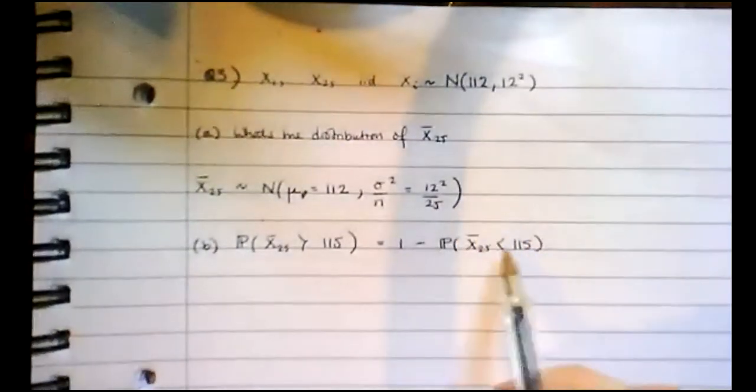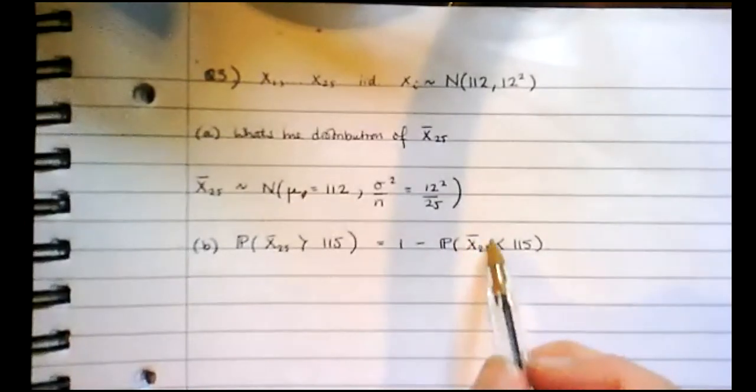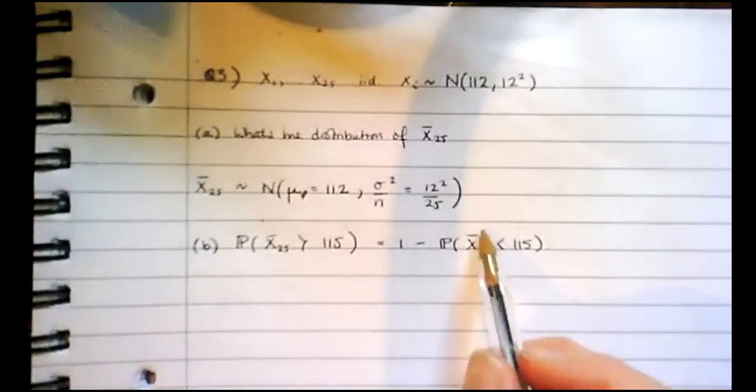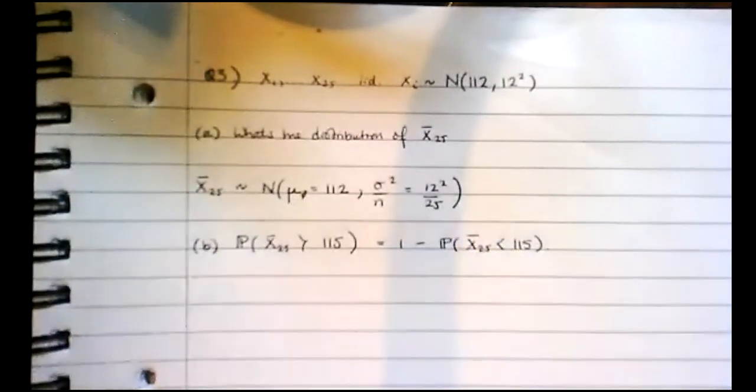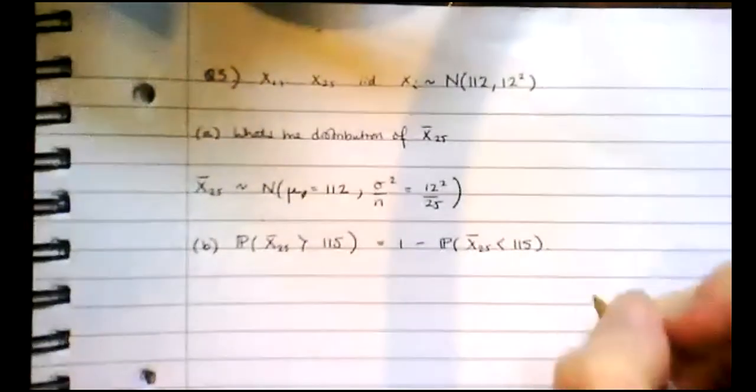Okay, and then this one here, hopefully I can see that that's a normally distributed random variable, so I could standardize my x bar 25 and then go from there. Okay.